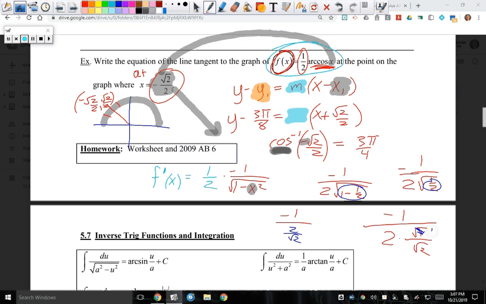Why would you just take the square root of 1/2? It's going to be the same way either way. When we flip it, negative 1 divided by 1 over root 2 is going to be the same as keep, change, flip, right? So my slope becomes negative root 2. This is just a coincidence, it becomes the same as that. So then I'm going to put negative root 2 over 2.